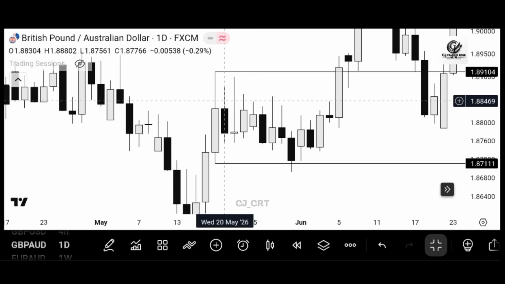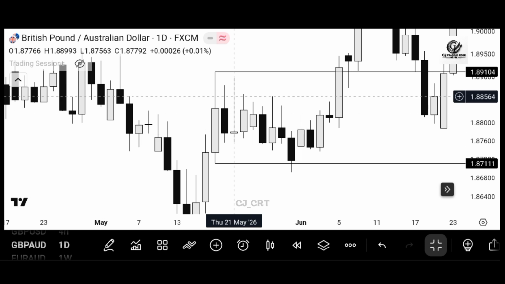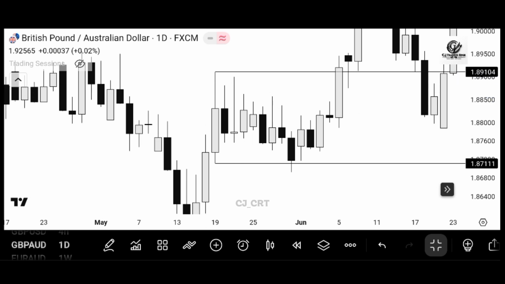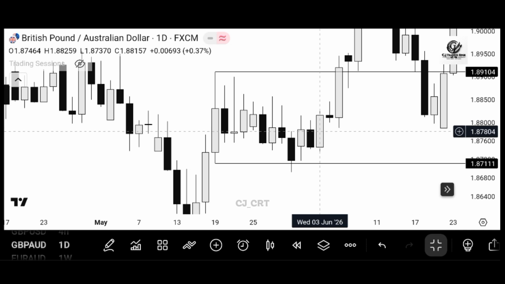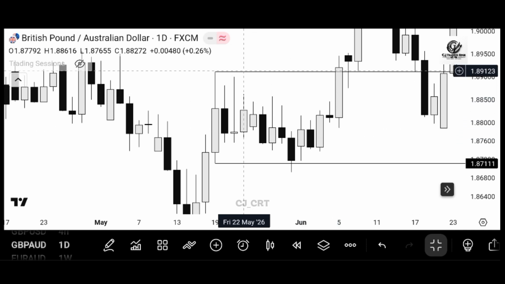If you're a trader that wanted to sell from this particular candle to this level, you get stopped out by this candle. So whenever you're in a ranging market, you wait for one of the levels to be broken, either the buy side or the sell side.